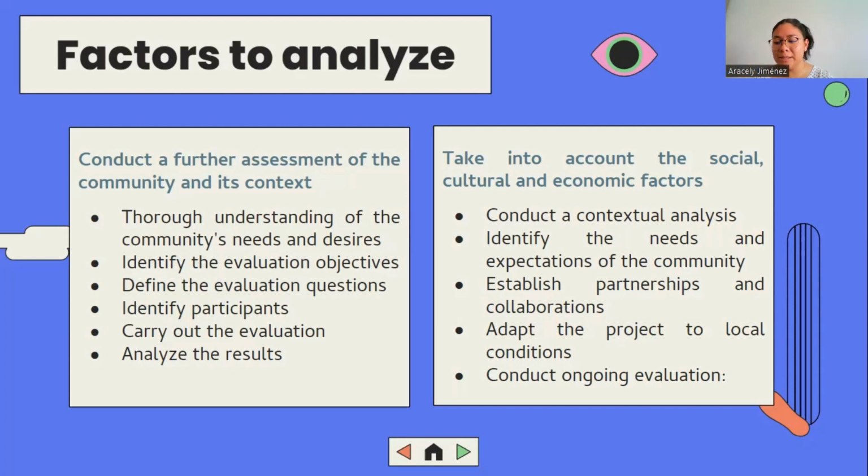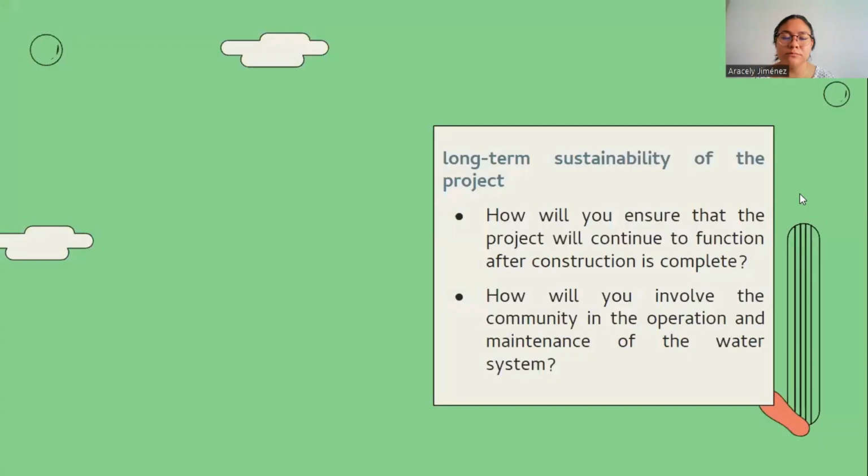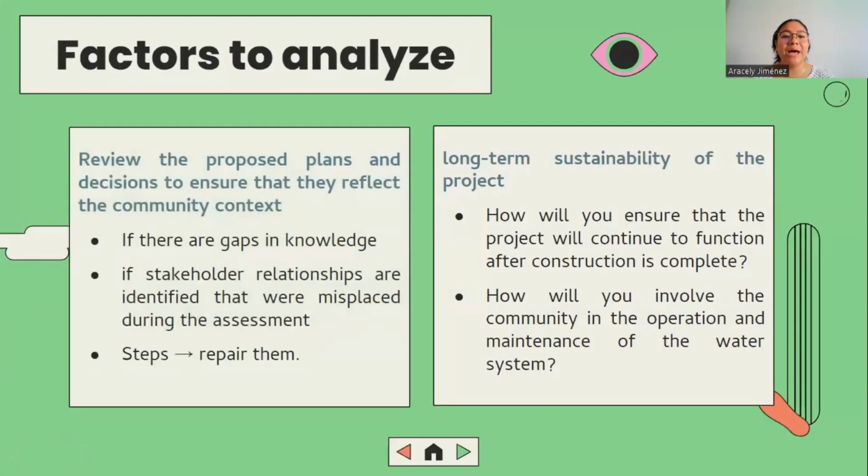So it's going to be a more easy and healthy development for everyone. Then we have to adapt the project to the local context to make it easy for them to work with this water project, and finally conduct ongoing evaluation. Then we have to review the proposed plans and decisions to ensure that they reflect the community context.